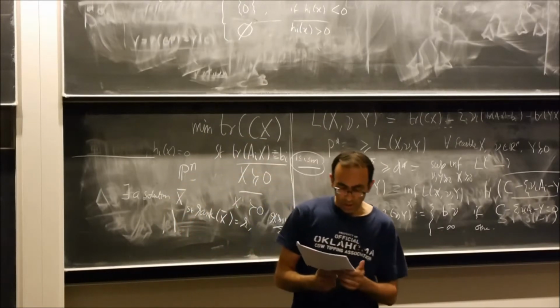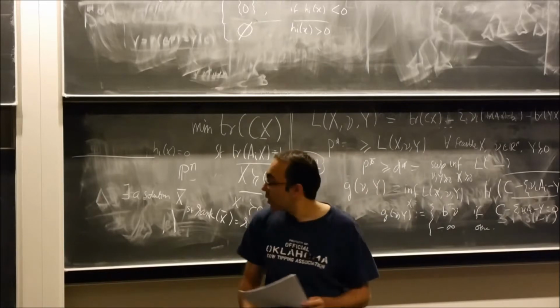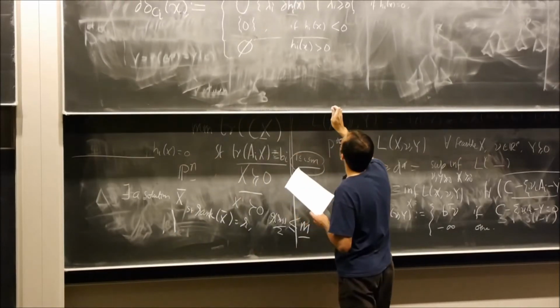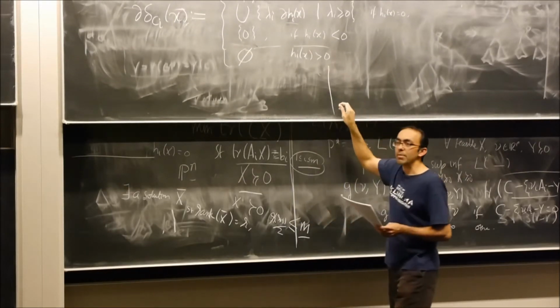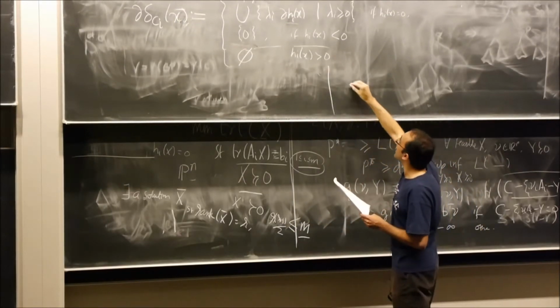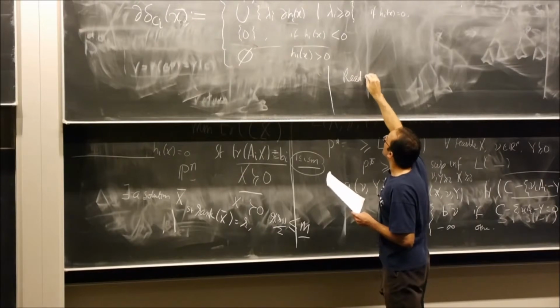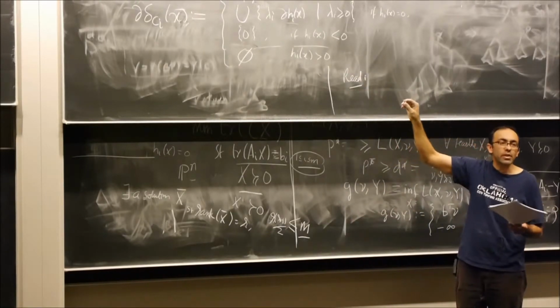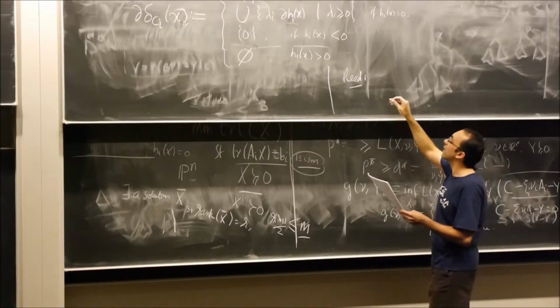And at this point I should mention where this has been exploited to build one of the popular and successful semi-definite programming solvers. So you should definitely read, again, I mentioned reading assignments, it's for everybody, but probably the interested ones amongst you will definitely read that.